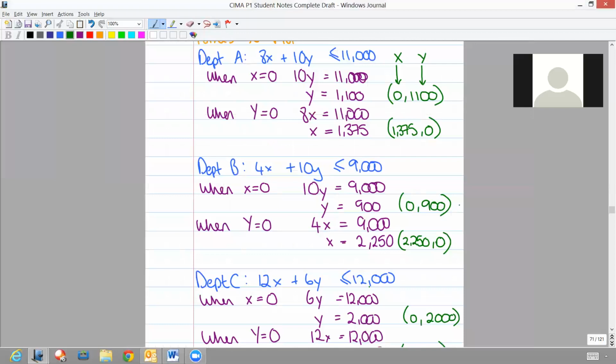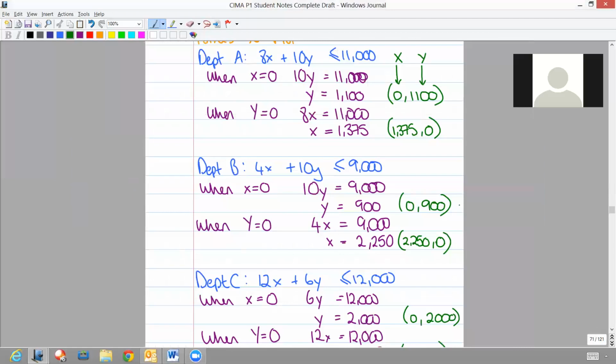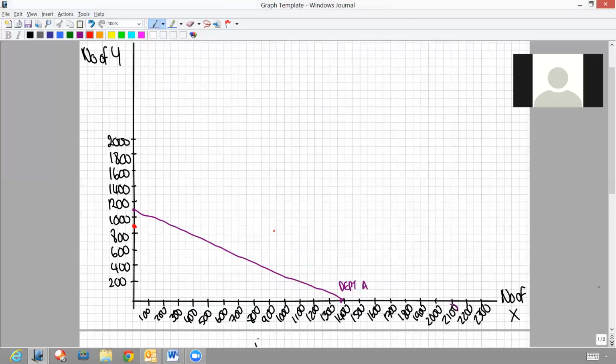Department B then, we've got 900 for Y, and we've got 2250 for X. So all the way down here. If I get this straight, then I'm the tooth fairy. That's not too bad, is it?